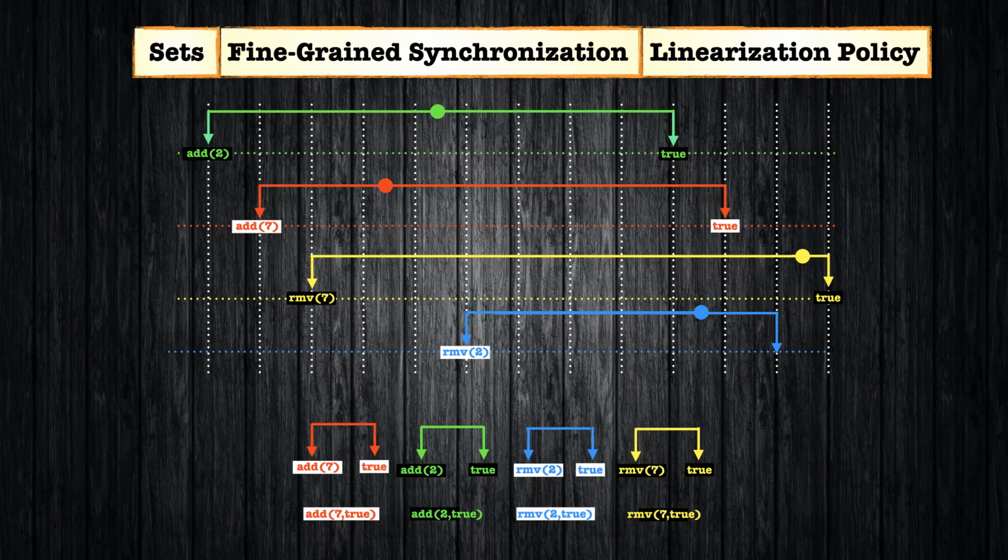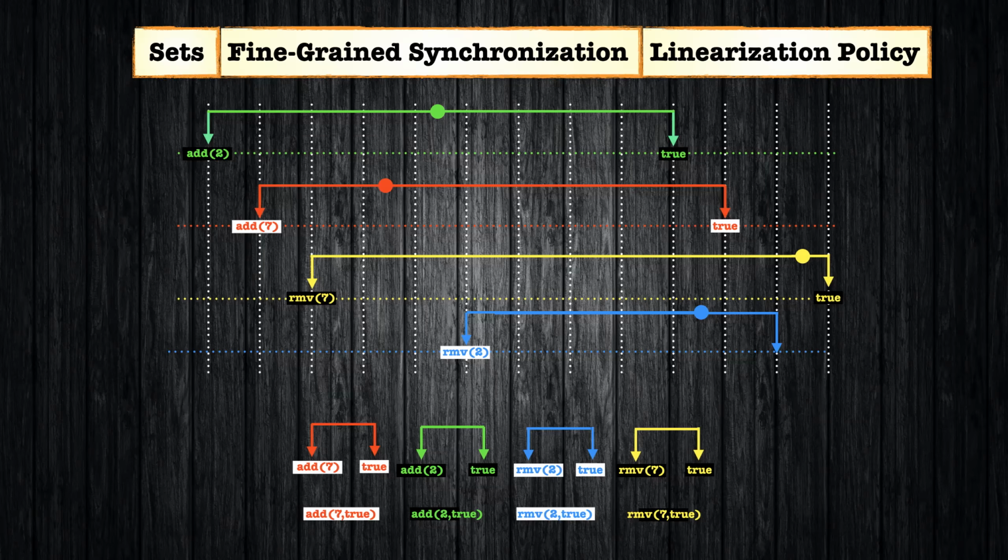A concurrent program is linearizable with respect to an abstract data type if all its histories are linearizable with respect to that abstract data type. So this means that for each history, you should be able to give me linearization points from which I can generate a sequential history, from which I can generate a trace, which satisfies the abstract data type.